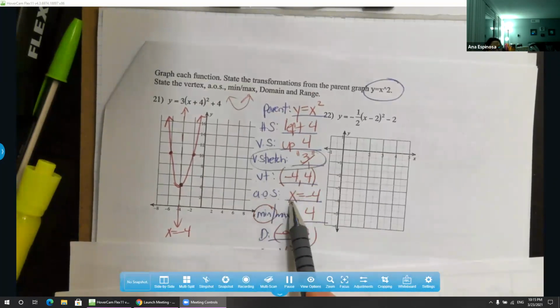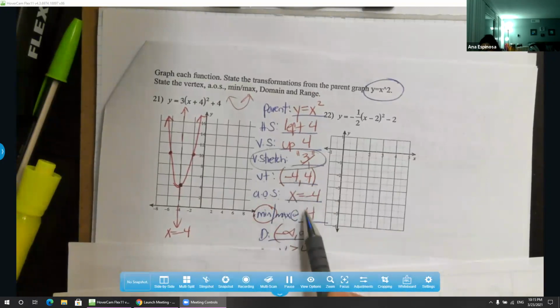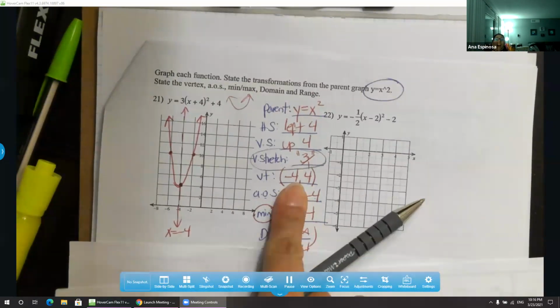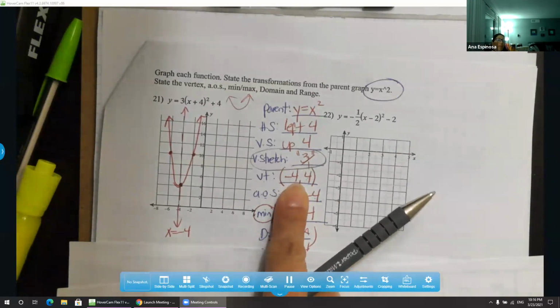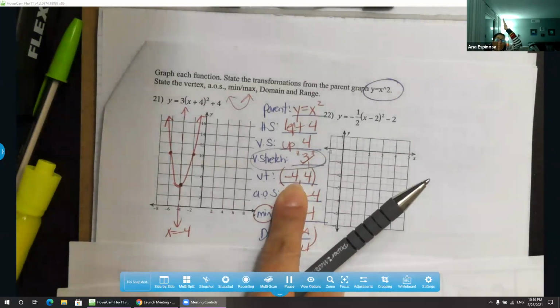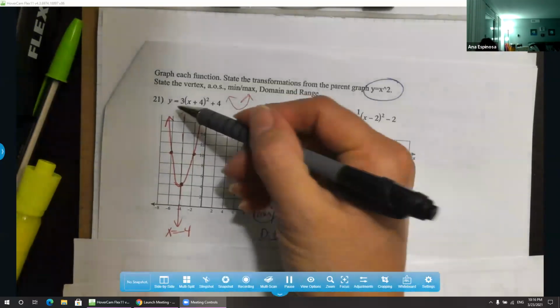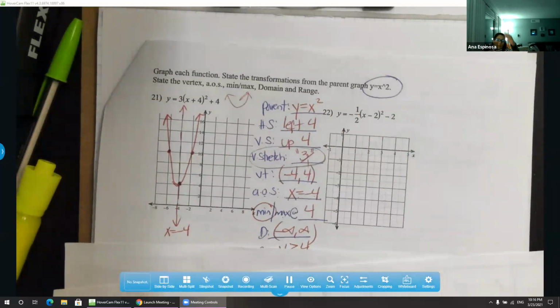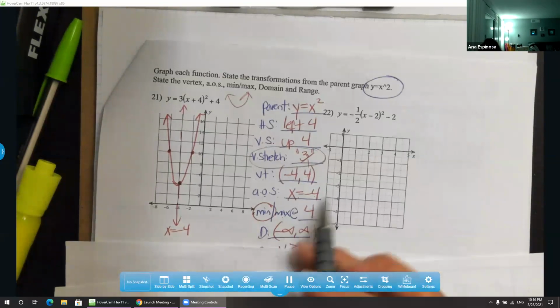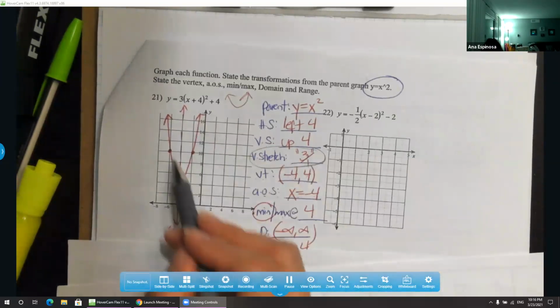The axis of symmetry is x equals the x coordinate. Make sure that you include x equals that number. If you just put that number, that will be half the credit because -4 means nothing. It is literally a vertical line, which is what you see here. Vertical lines are x equals a number. This is a minimum because it is a happy face.